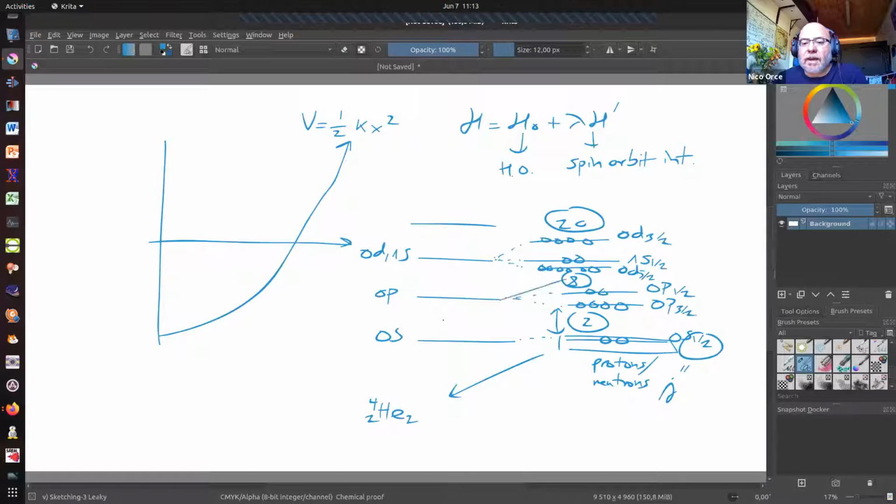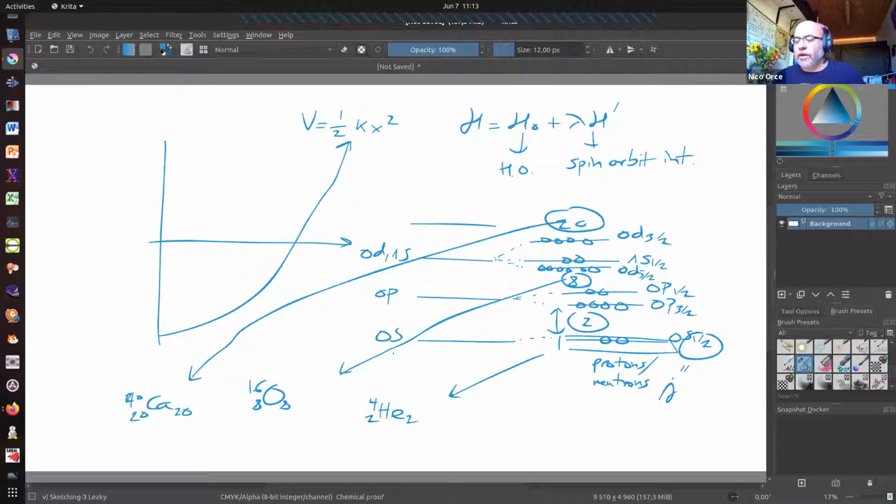Or it can be oxygen-16 because oxygen-16 has 8 protons and 8 neutrons, right? Or it can be calcium-40 because it has 20 protons and 20 neutrons. So these nuclei are particularly stable.